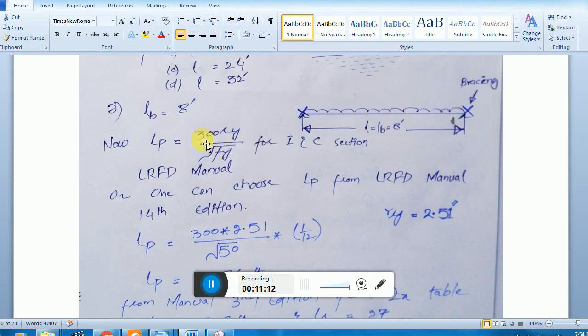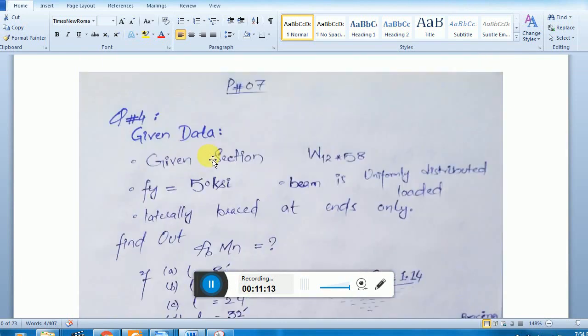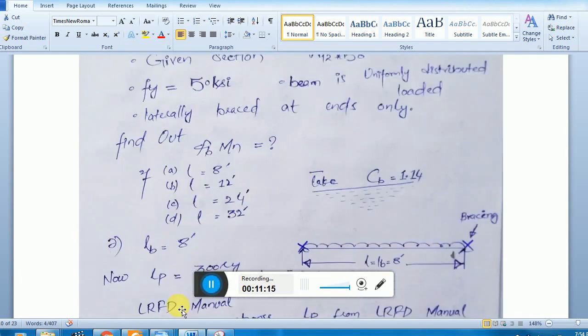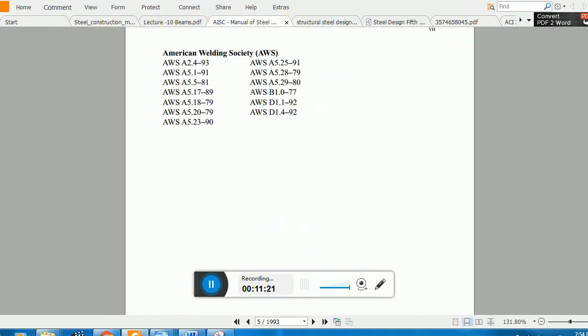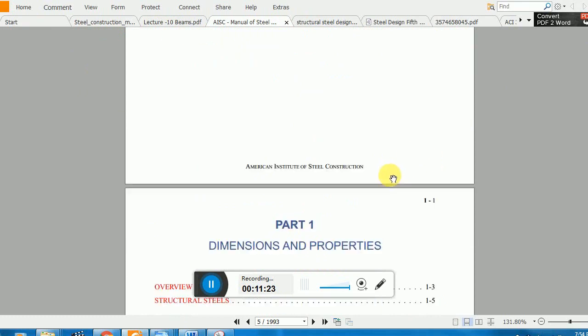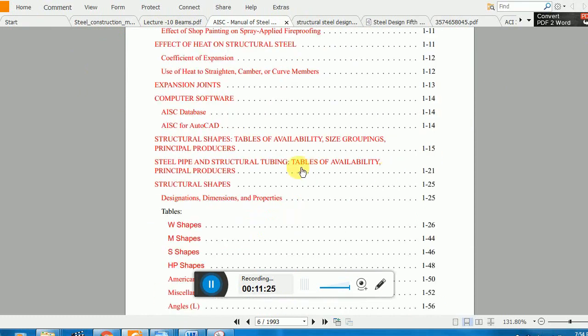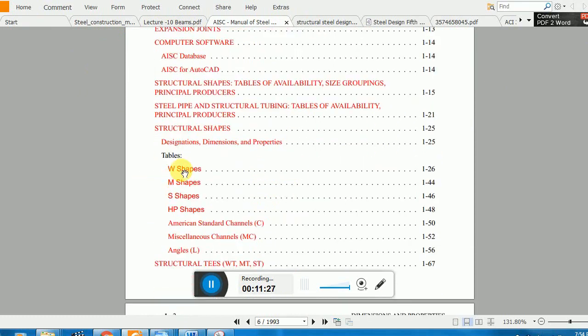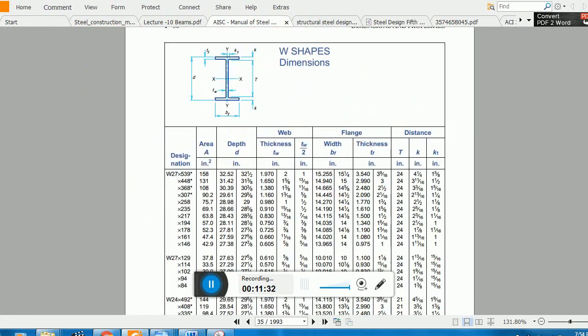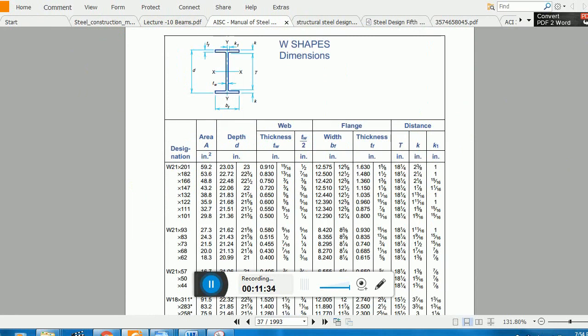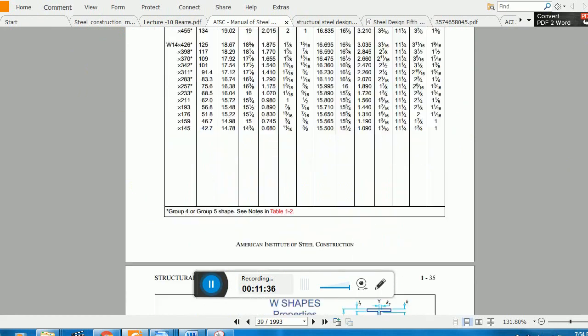For our section, W12x58, you just need to go to the LRFD manual and choose the section, W shapes, and here you have to go to 12x58.